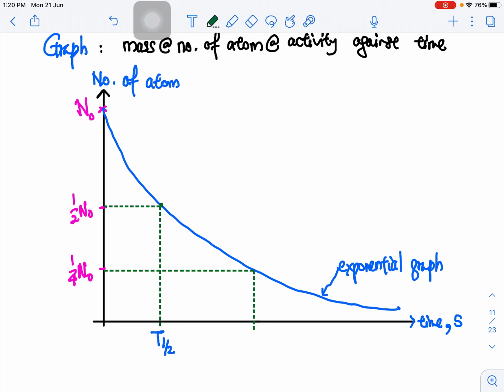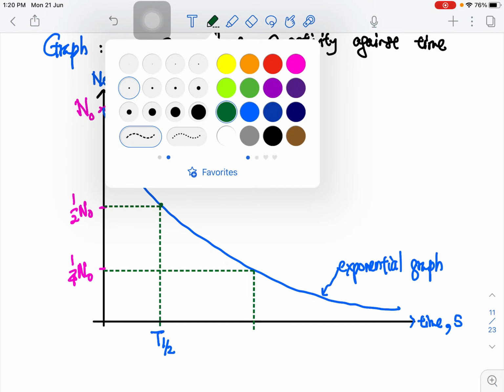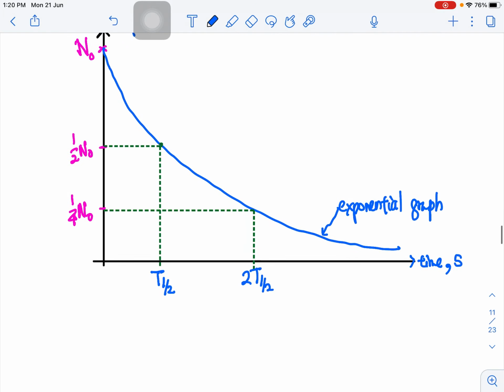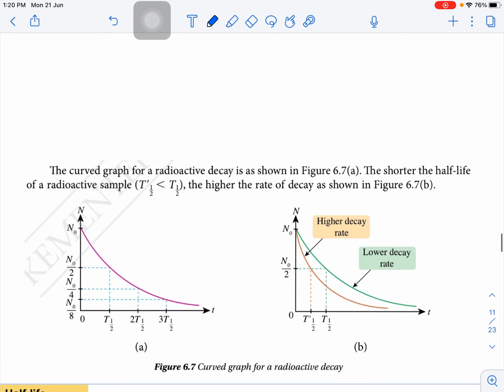What is the value that we get from the intercept? This is our 2 half-lives, so to get the half-life, we have to divide by 2. Same as when we draw the next one, that is 1/8 of N0. That is our third half-life. What is the value that we get? To get the half-life, we have to divide by 3.